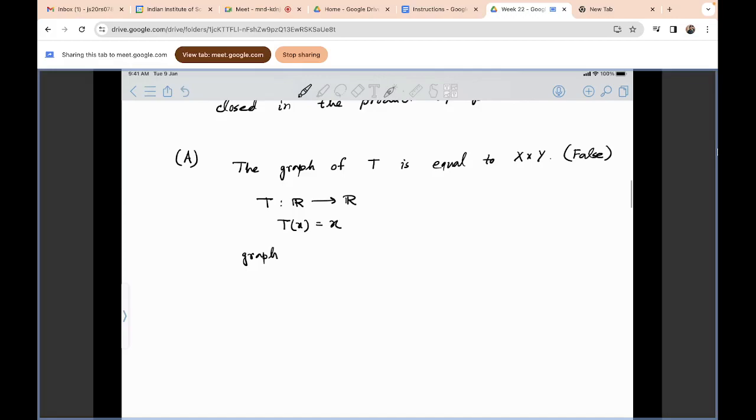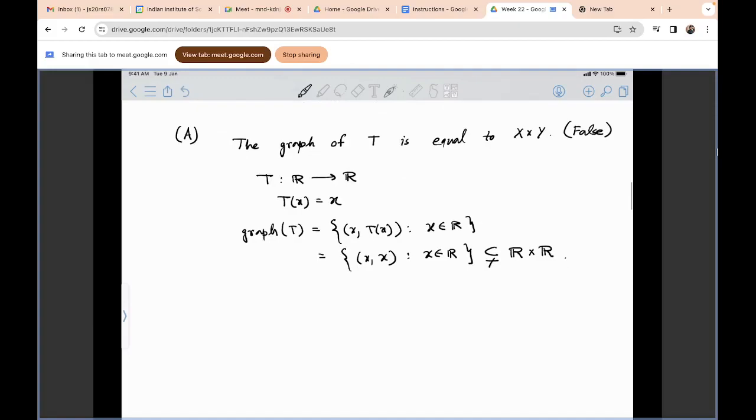The graph of T is x comma Tx such that x belongs to R, so this is x comma x. This is the diagonal of R cross R, a strictly proper subset of R cross R, so this is not equal to R cross R. So the first option is false. The graph of T is not equal to X cross Y.